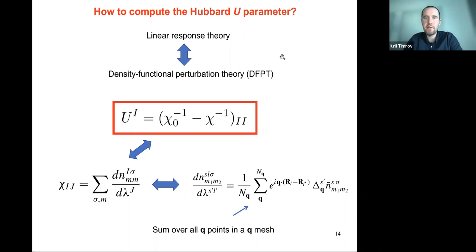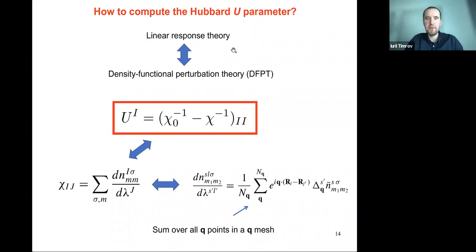There are different methods. Professor De Gironcoli explained that there is the linear response method, but there are also others like constrained random phase approximation and some other methods. So in this slide, I would like to tell a few words more about linear response.